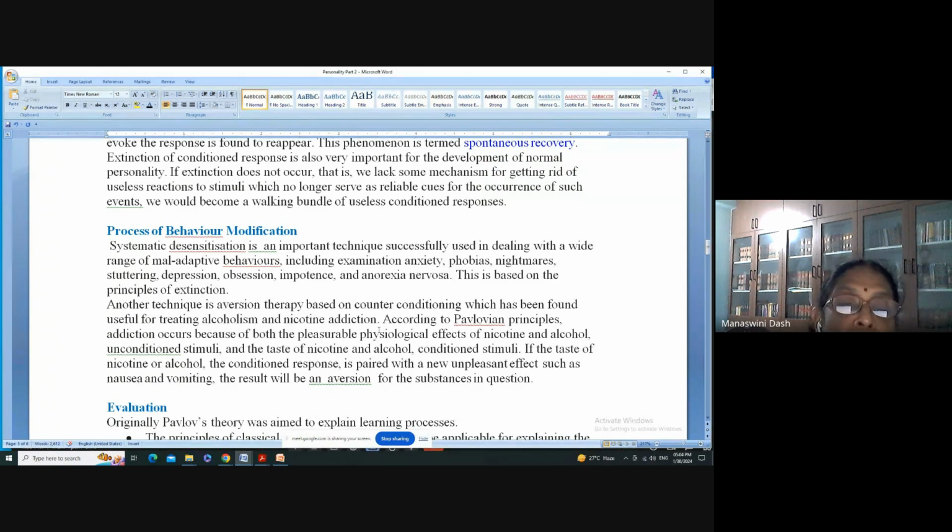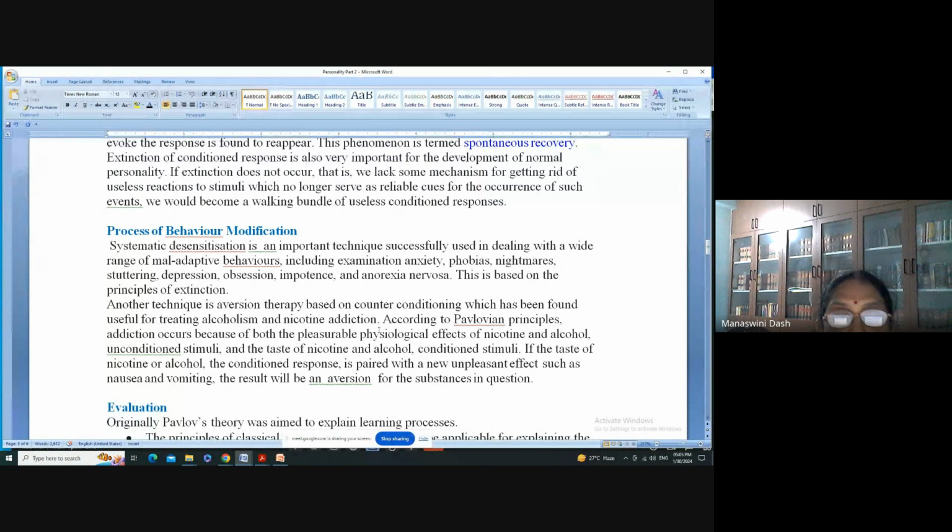Another technique is aversion therapy. It is based on counter conditioning, which has been found useful for treating alcoholism and nicotine addiction. According to Pavlovian principles, addiction occurs because of both the pleasurable physiological effects of alcohol, that is the unconditioned stimulus, and the taste of alcohol, that is the conditioned stimulus.